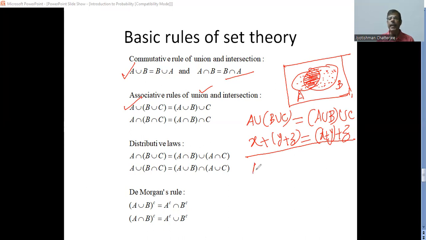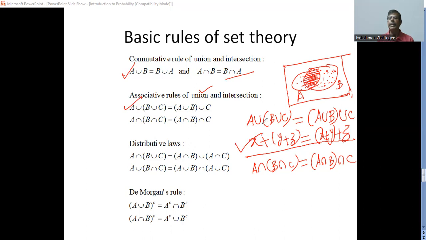Similarly, for A intersection B intersection C, that means first you do the intersection of B and C, and then that result you intersect with A. That will be the same as if you do A intersection B first, and that result you intersect with C. And again, you compare with this result.